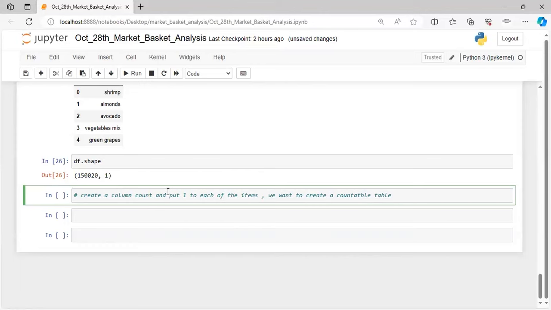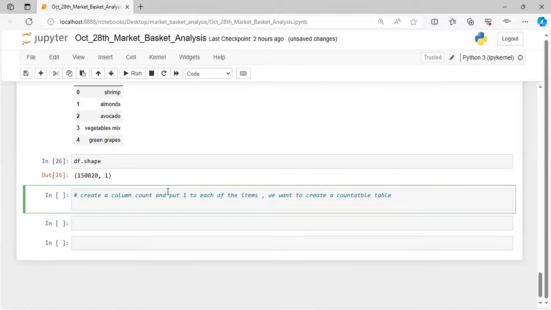Why are we doing these things? Because we want to apply the group by function. This will be the requirement to apply the group by. Group by will do all those things.